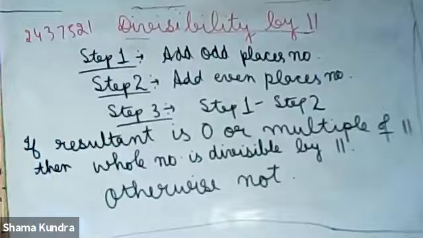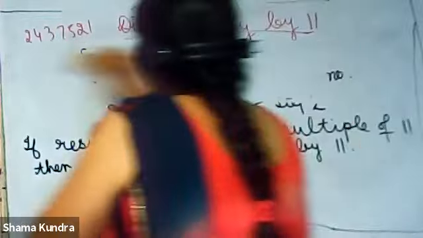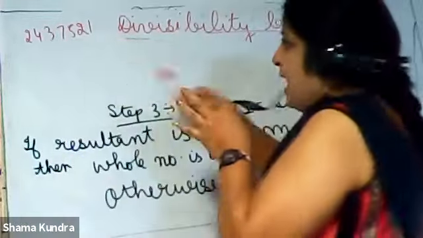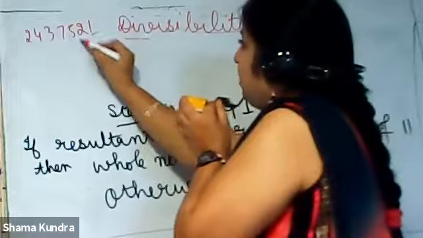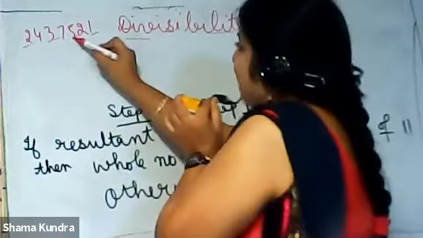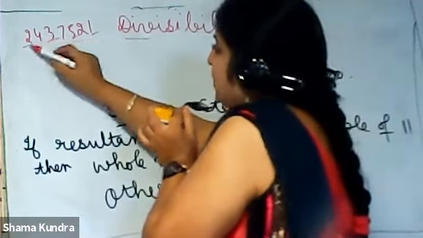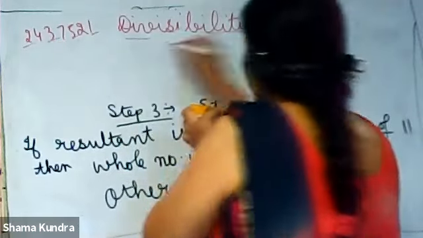For example, in this example, the first step is add the odd places: 1, 5, 3, 2. 5 plus 1, 6, 6 plus 3, 9, 9 plus 2, you will get 11.